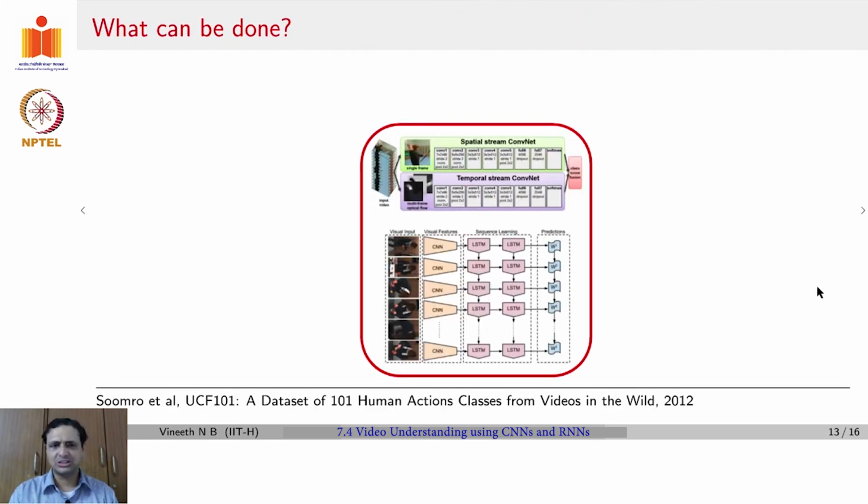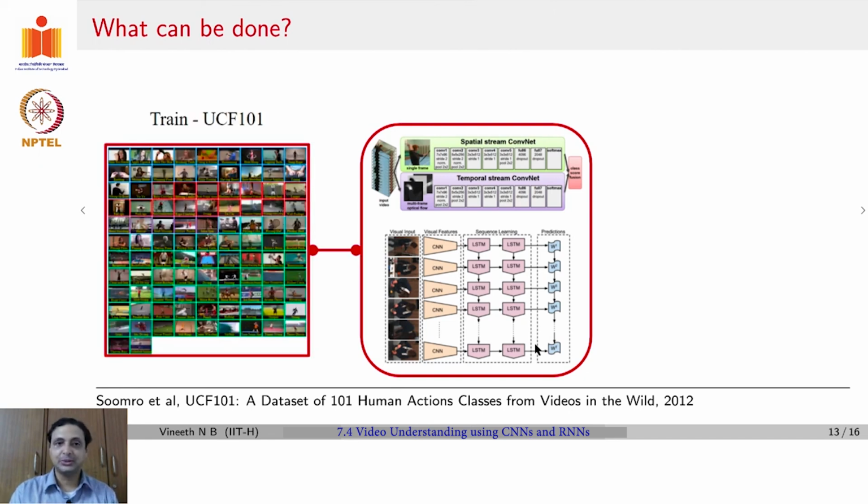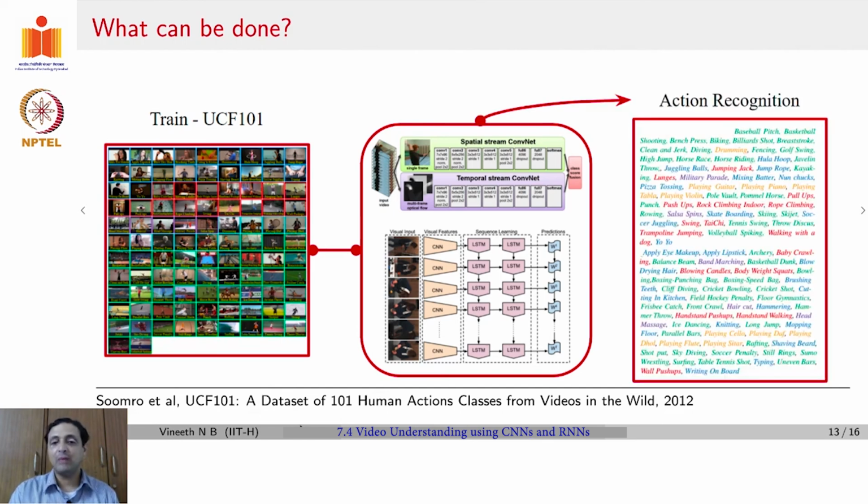Now with these approaches, be it the two-stream CNN or a CNN with RNN or a 3D CNN, what kind of problems in video understanding can we solve? So if you could take a data set such as the UCF 101, which is a very popular data set for video understanding, you could perform action recognition, like is the person doing push-ups, rock climbing, is the person trampoline jumping, so on and so forth.